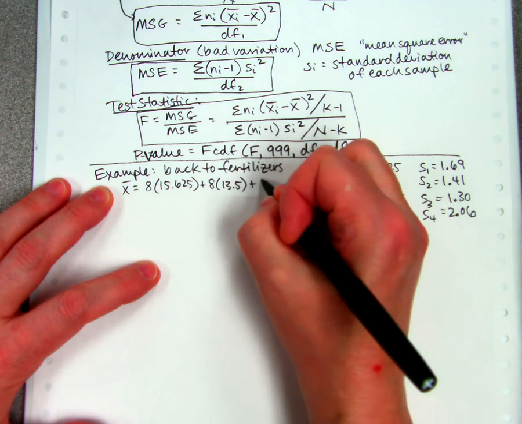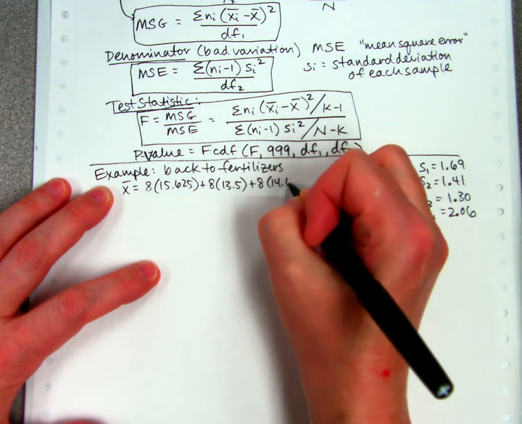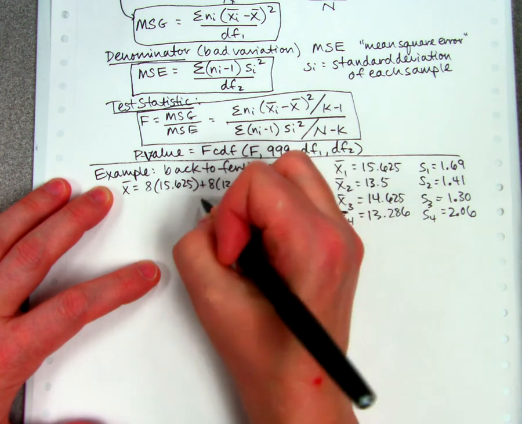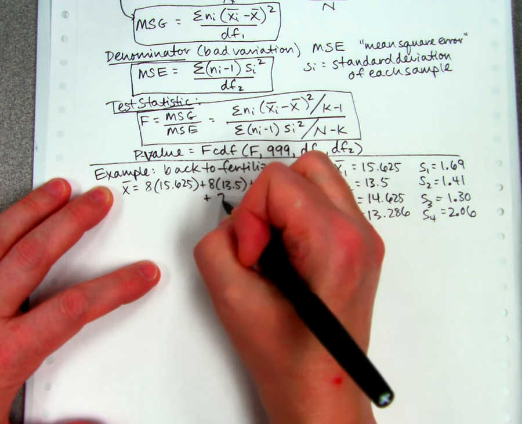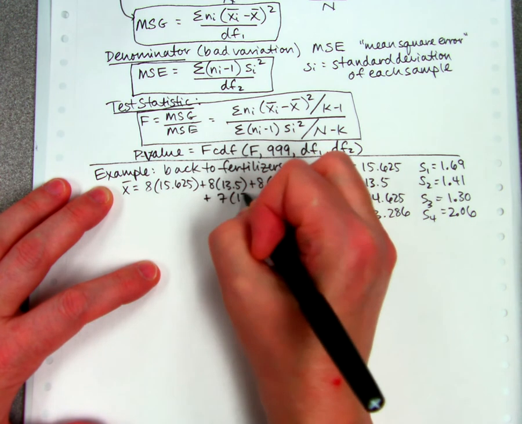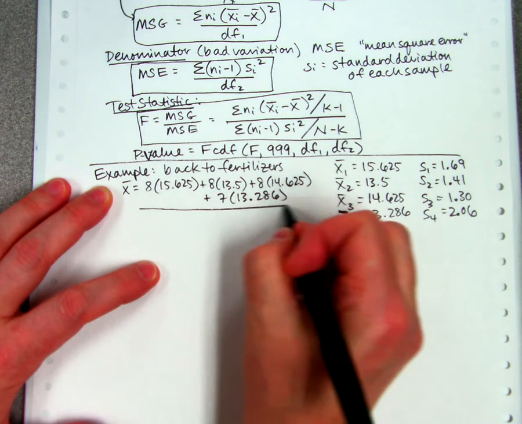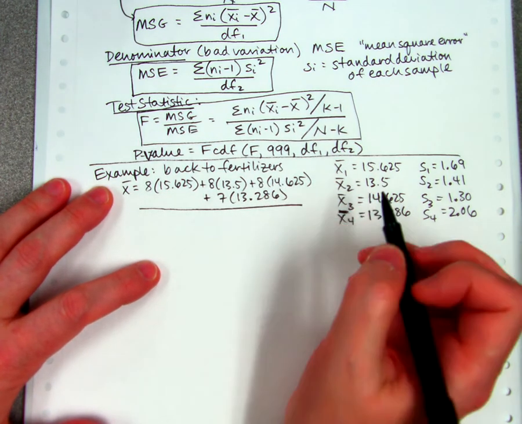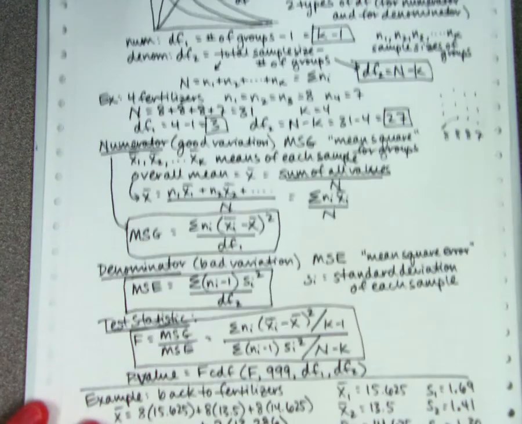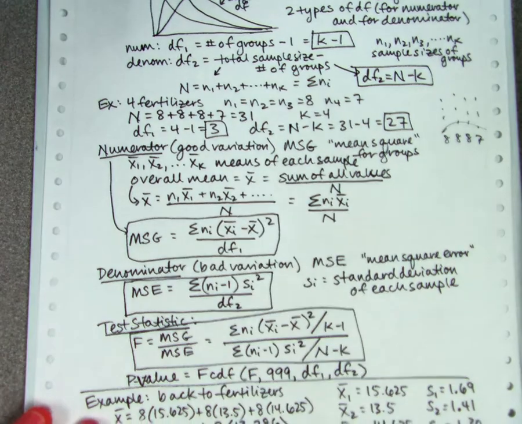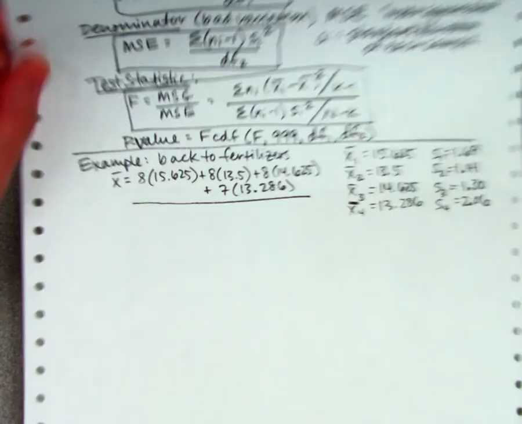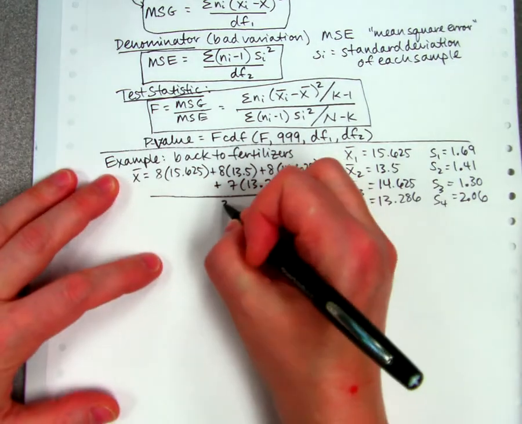That's okay. 8 times 14.625, even though it's not good notation, plus 7 times 13.286, and we're going to divide all of that by the total of all the n's, which we calculated up here; it was 31. 8 plus 8 plus 8 plus 7 on the bottom, capital N is 31.